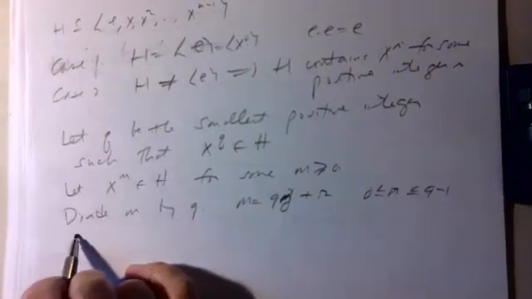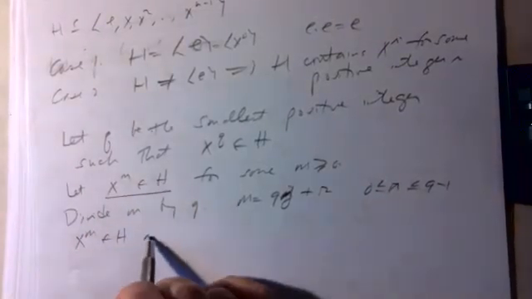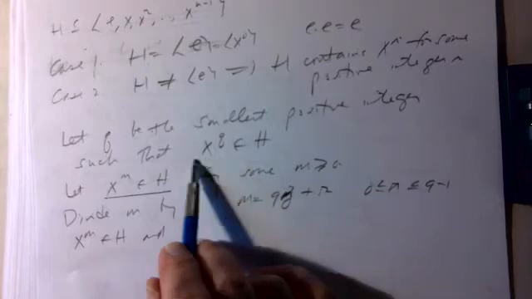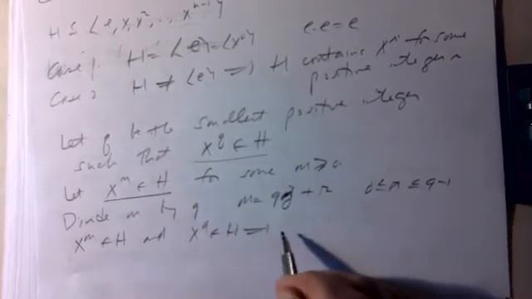Now, we know that x to the m is in H, right? And we know that x to the Q is in H, which means that H is closed under multiplication.